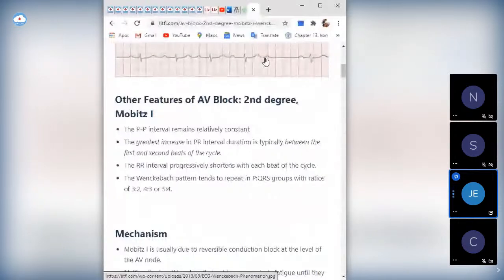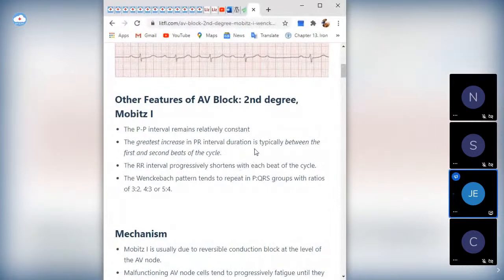The greatest increase in PR interval duration is typically between the first and second beats of the cycle. The RR interval progressively shortens. So as the PR interval is elongating, the RR interval is shortening progressively with each beat of the cycle. The Wenckebach pattern tends to repeat in PQRS groups with ratios of 3:2, 4:3, 5:4.